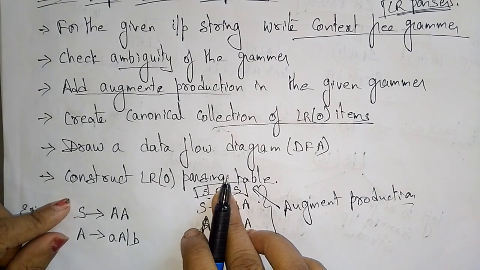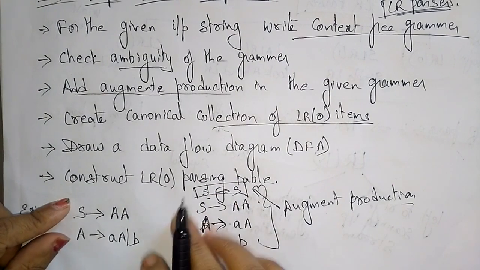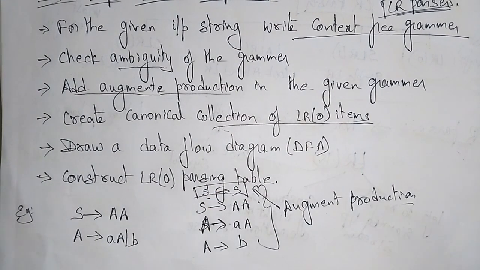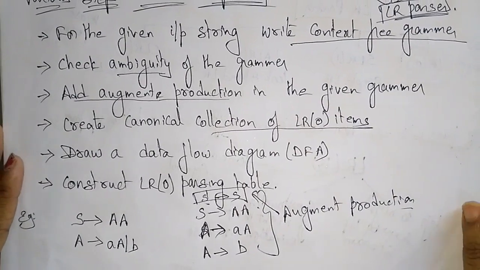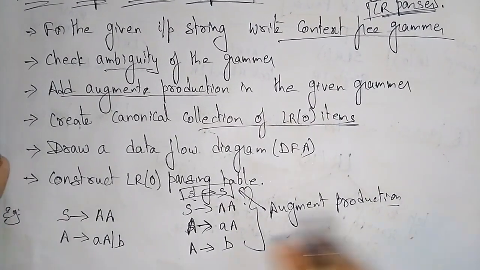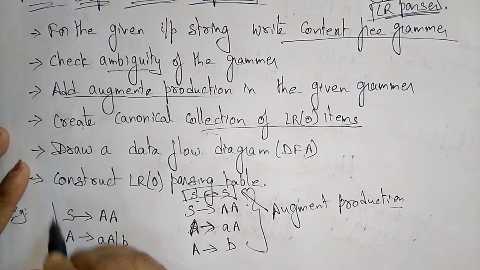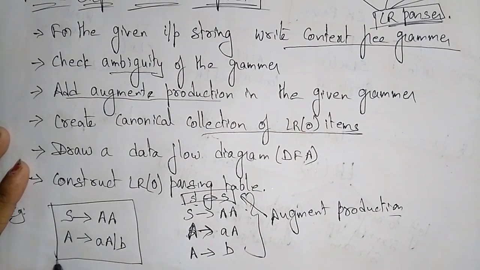Finally construct the parsing table. After constructing the parsing table, if you want to parse the input string, you do the stack implementation by seeing the parsing table. Finally, the tree diagram.